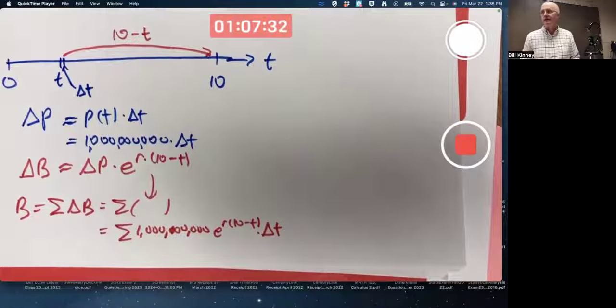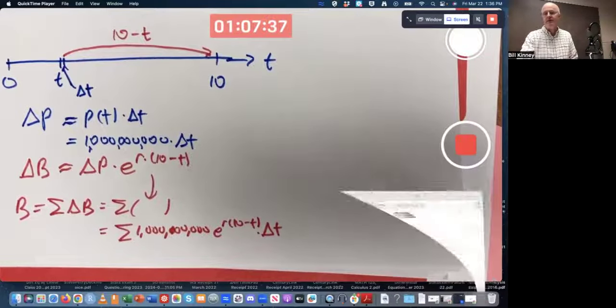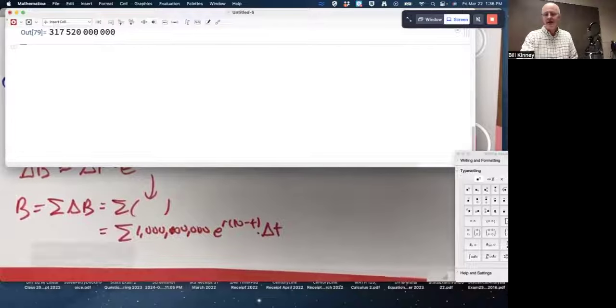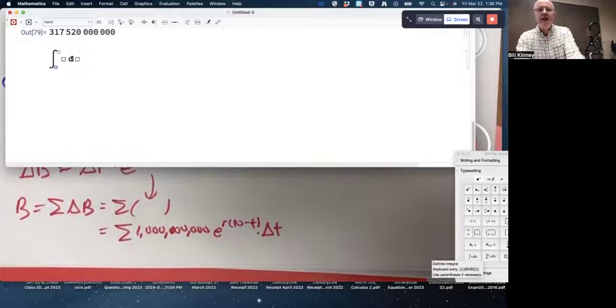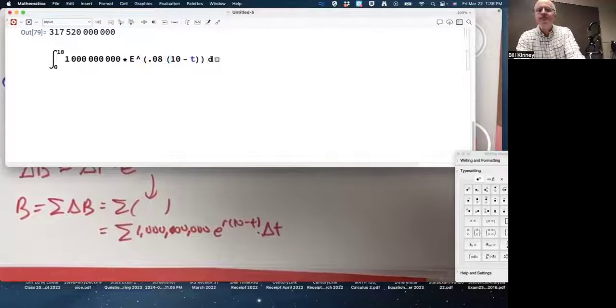Let delta t go to 0, you get an integral. That gives you the exact future value. What would that integral be? It'd be the integral over the entire time, 0 to 10, of 1 billion times e to the rt, if r is 0.08. I plug that in, not rt, but r times 10 minus t.